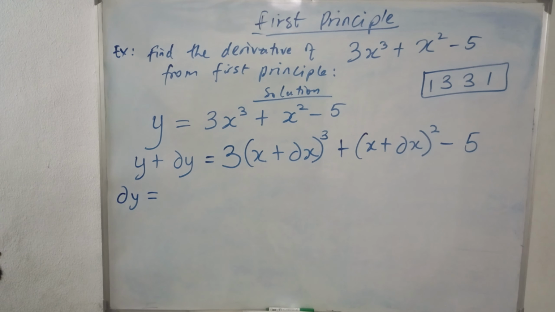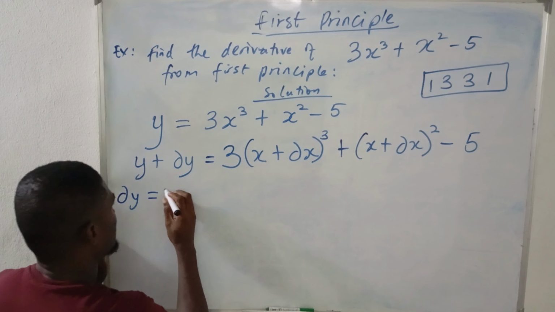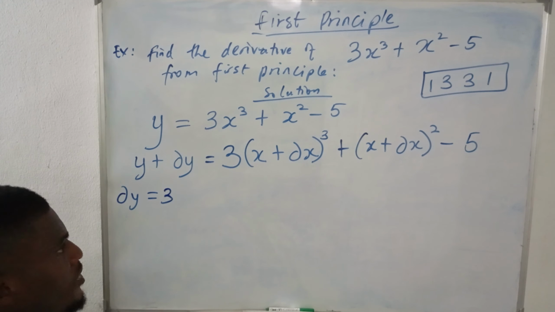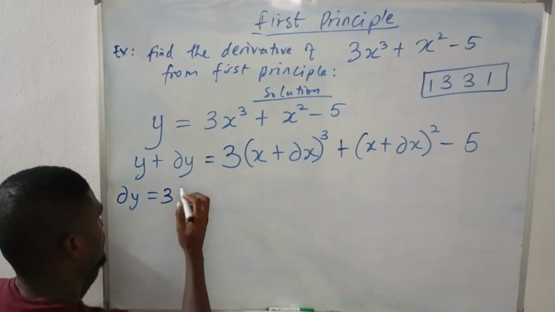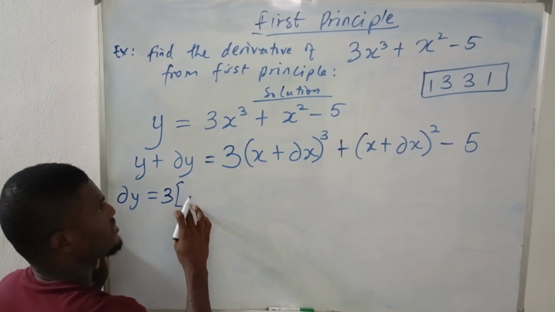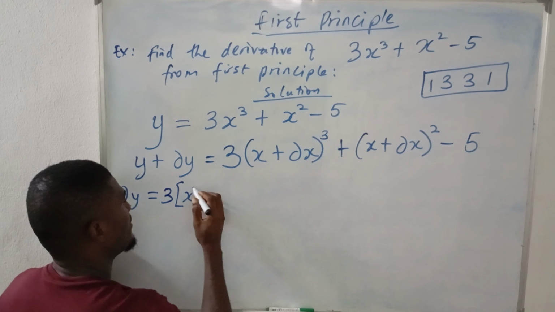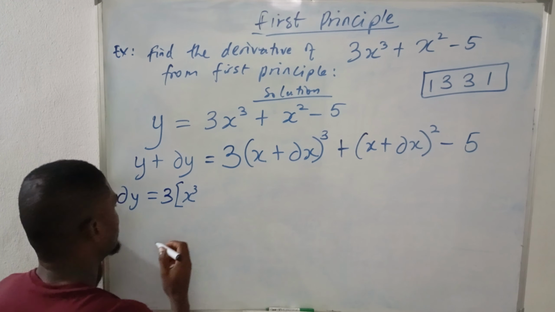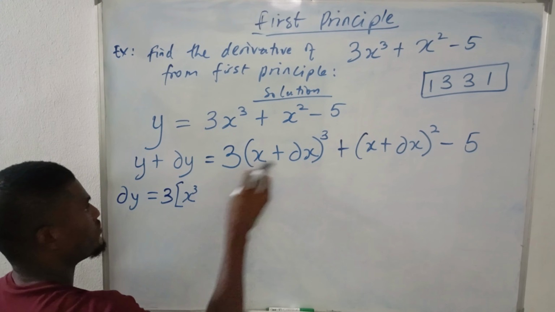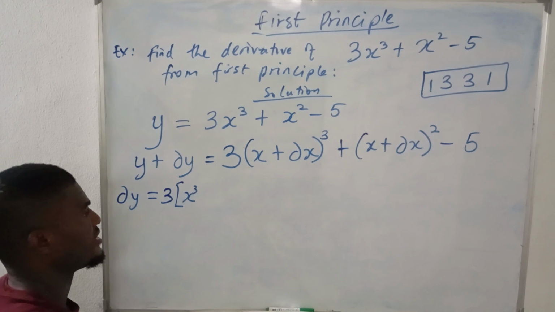Alright, so let's continue now. I'm going to write down these 3 first and then expand this. First coefficient is 1, so I'm not going to write anything. First variable, x, with the highest power, 3. Second variable, dx, with the lowest power, 0. With the power of 0, the dx becomes 1, so I'm not going to write it.